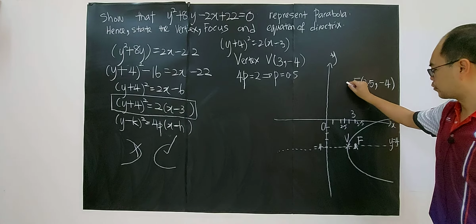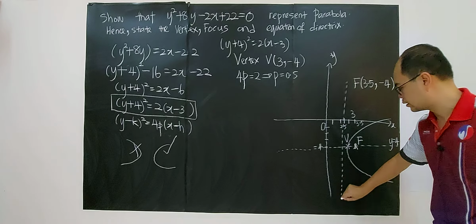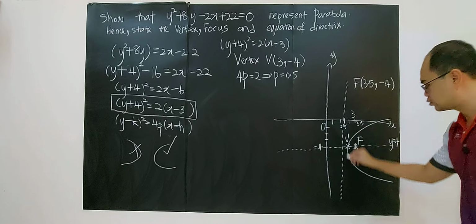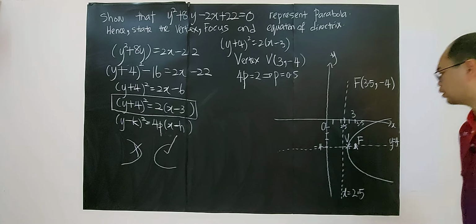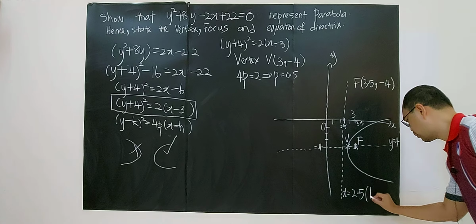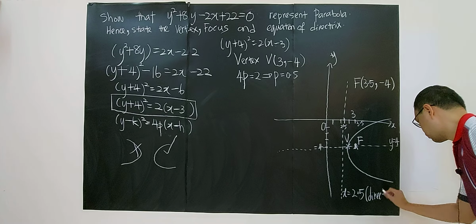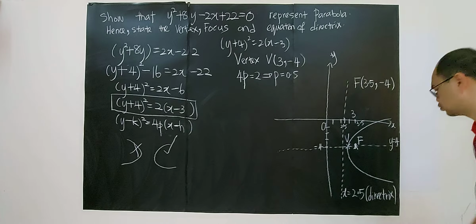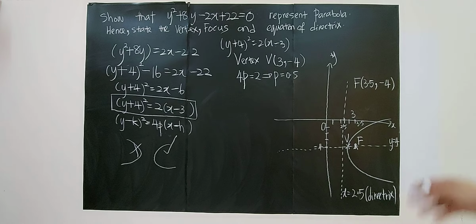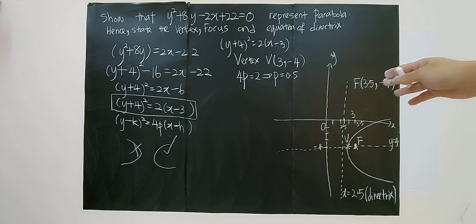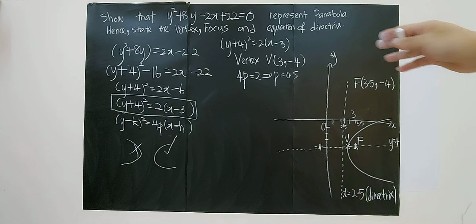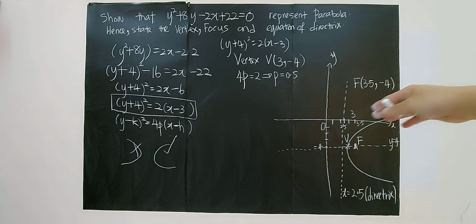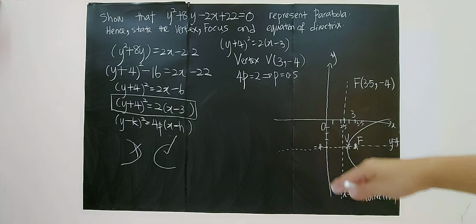So x equals 2.5 will be your directrix. Your focus is 3.5, negative 4, your vertex is 3, negative 4, and the graph is open to the right.